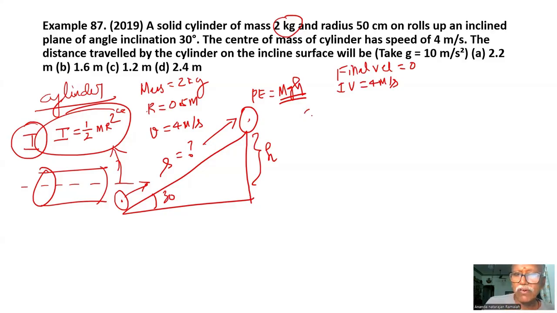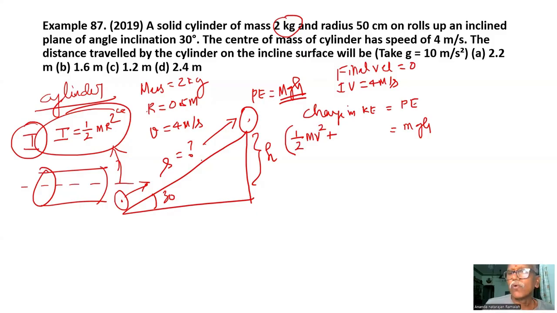So we know that change in kinetic energy equal to potential energy. Therefore, this mgh must be equal to change in kinetic energy. Initially, it is half mv square, V is given. Plus, it rolls up, it is rotating. That's why it has two kinetic energies, another one is half I omega square.